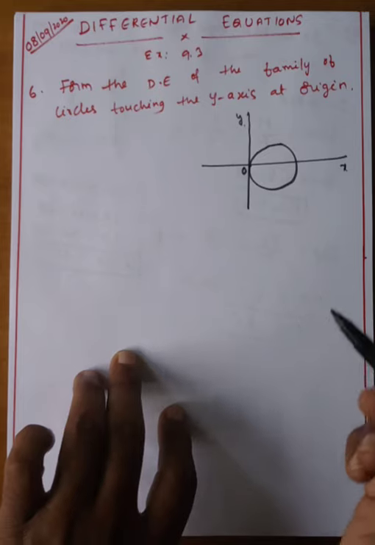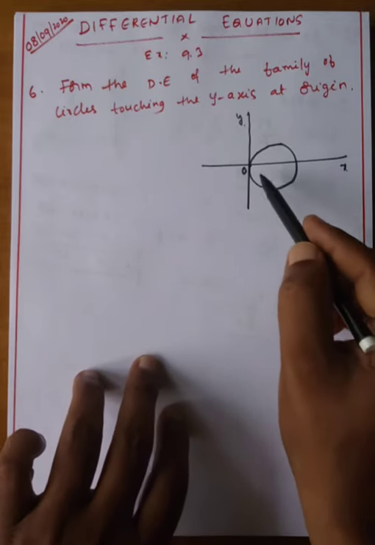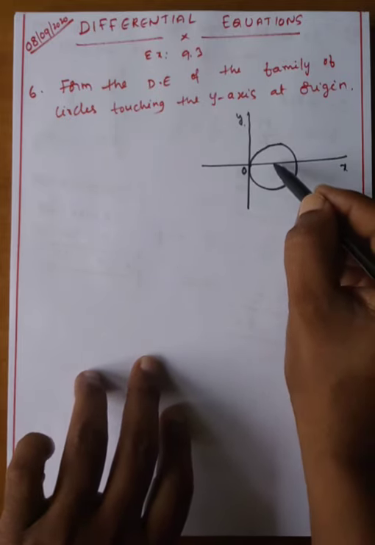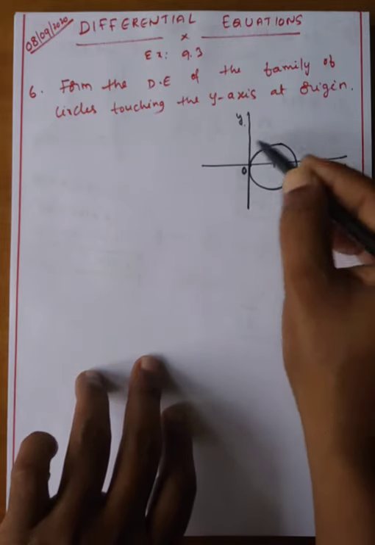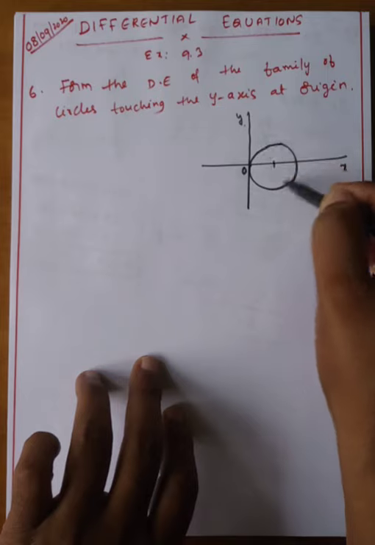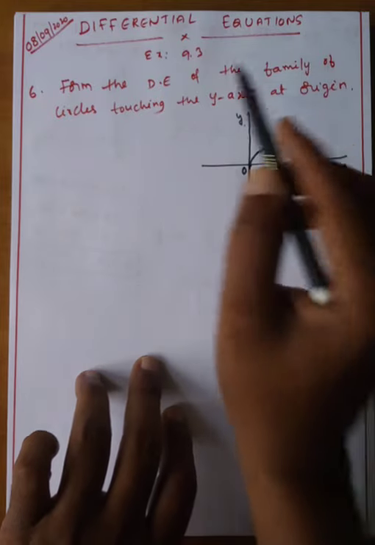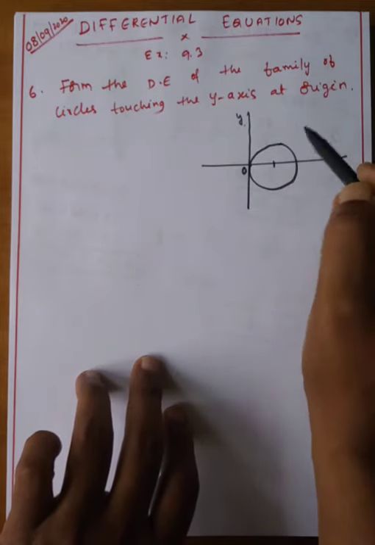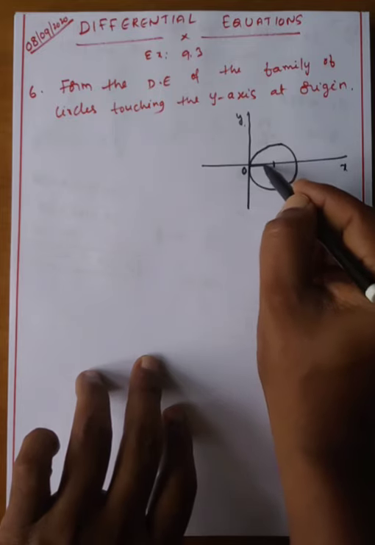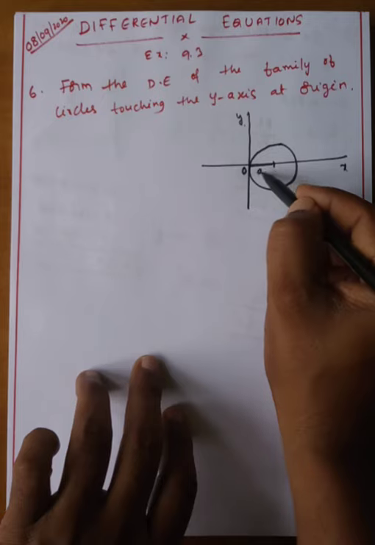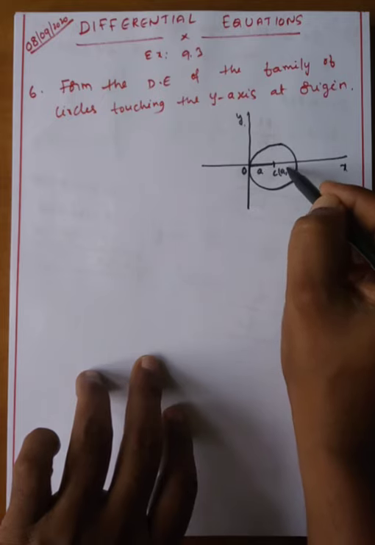Here, whenever the circle touches the y-axis, the center 100% lies on the x-axis. Suppose the center of the circle. To find the equation of the family of circles, whenever it is a circle it has 100% center and radius. Suppose the radius is a. What about the center? Center is a comma 0.